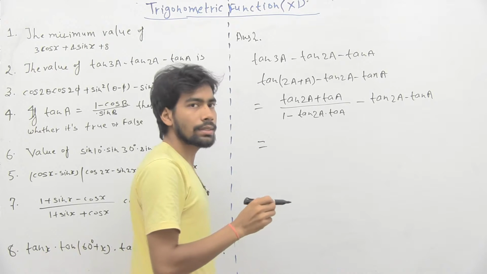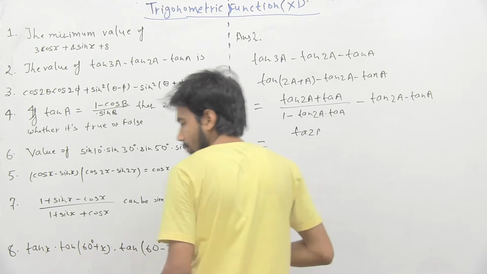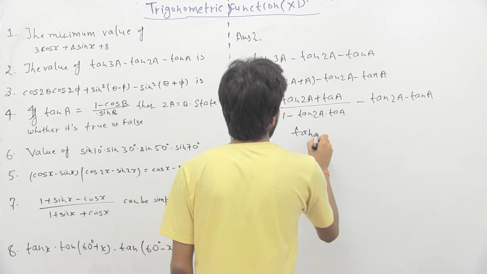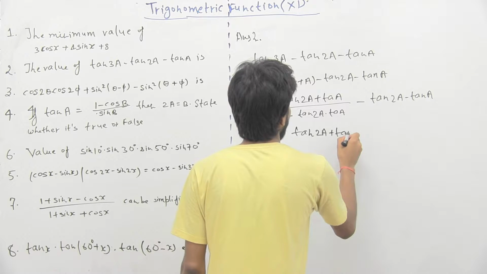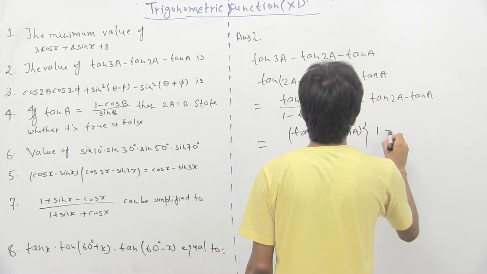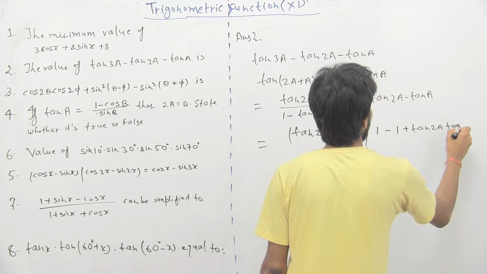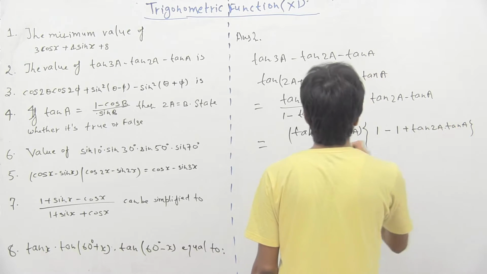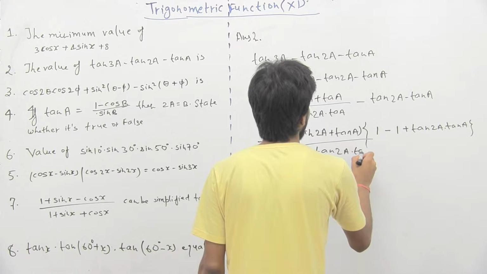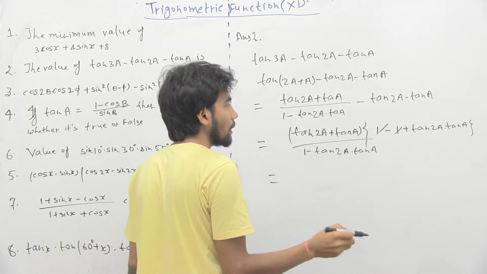Now take tan 2a plus tan a common. Here minus 1 and 1 will get cancelled.